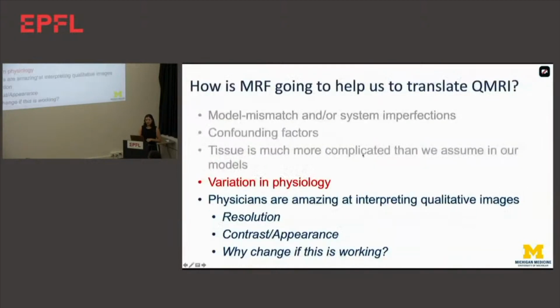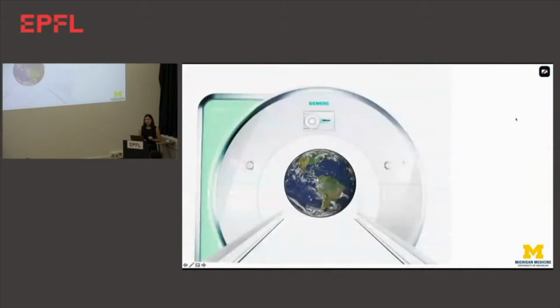All right, how about this variation in physiology? This has nothing to do with how we're measuring it. It's just a fact of life. But again, if we have this method that we can use everywhere on every scanner and get a measurement that's going to be equivalent to any measurement we got anywhere else, then we can pool all of this massive amount of data, right? With our qualitative mapping, we can't pool really anything because those numbers don't mean anything, but with quantitative maps, we could.